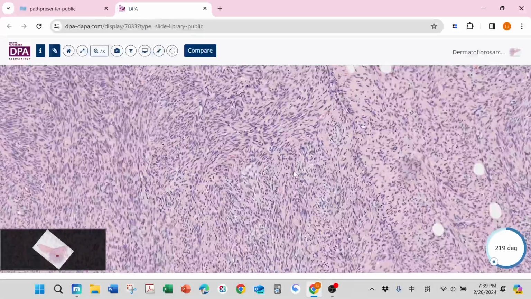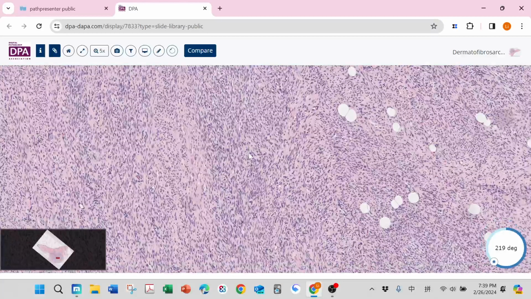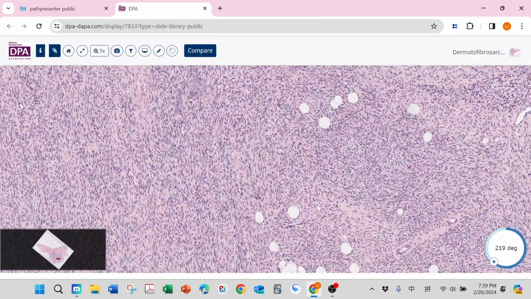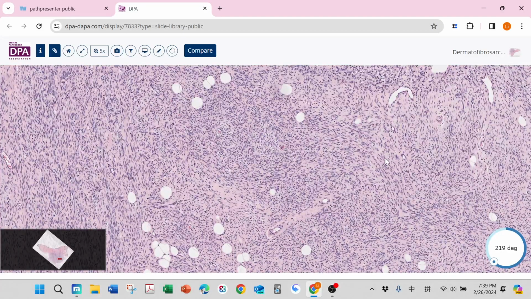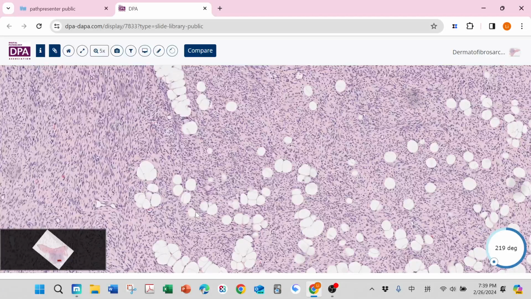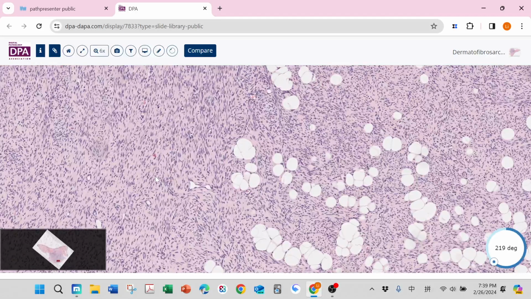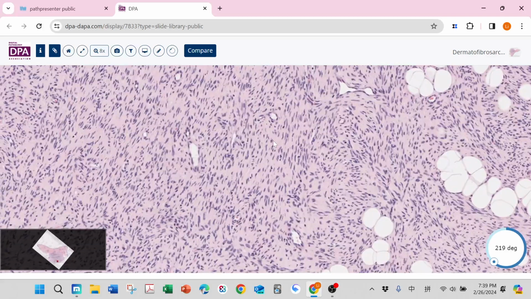But for this one, you can see short fascicles, and then I think it would be classic to find some whirling, swirling growth pattern. But when you see the cytology, the cells are still really bland. They're not really high-grade cells.